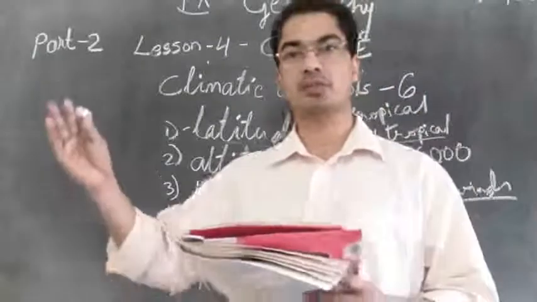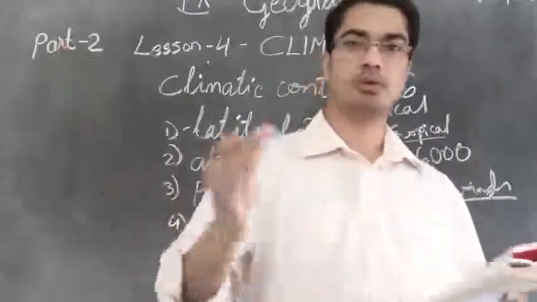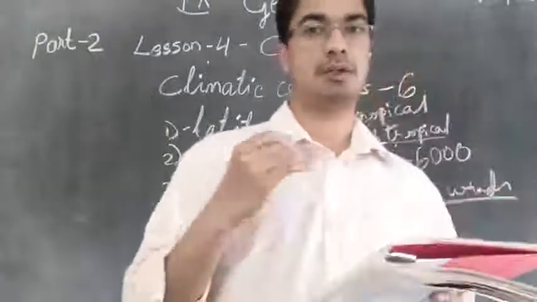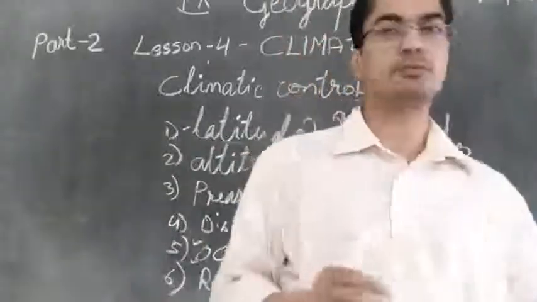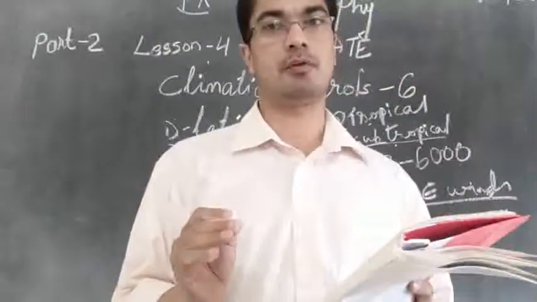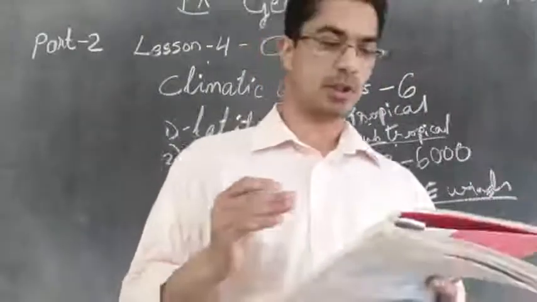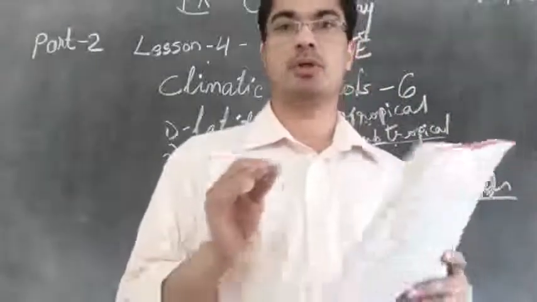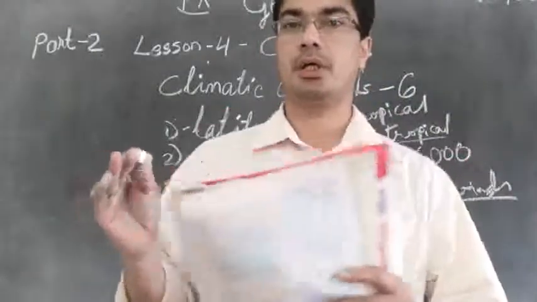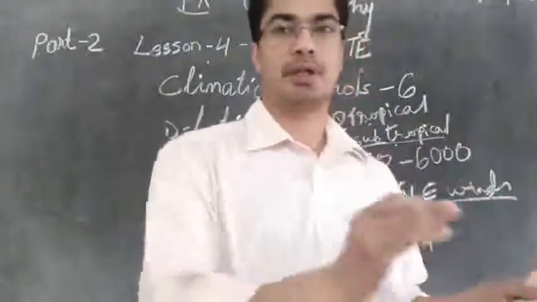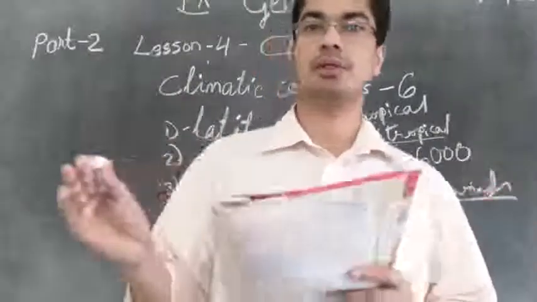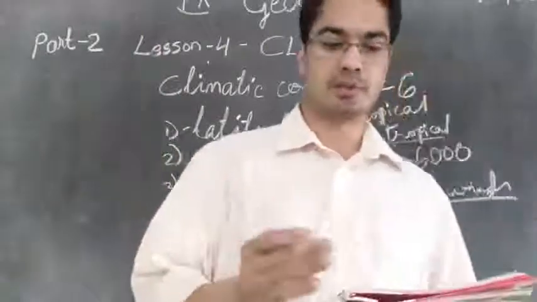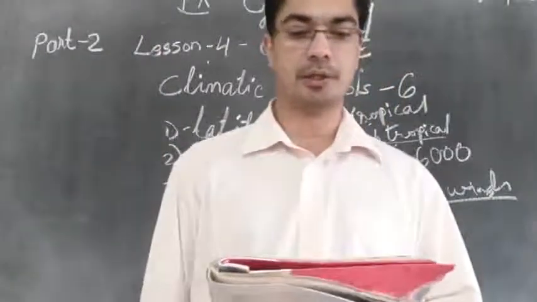So the wind that was blowing from north to south is deflected because of the Coriolis force of the Earth. It becomes less powerful, and then it moves towards the equatorial region where there is low pressure. From a high pressure area, the air moves to a low pressure area, and that is called wind. So here it is moving from the northern hemisphere and coming to the equatorial area.